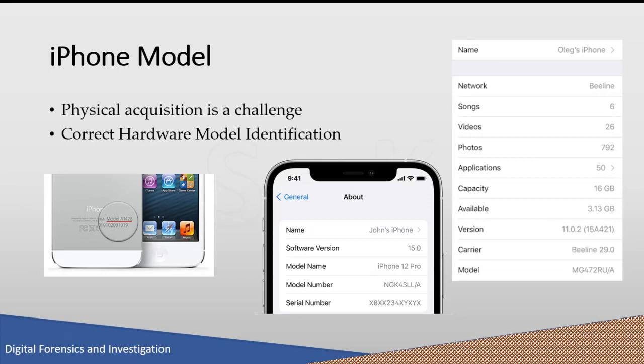Before examining an iPhone, it is necessary to identify the correct hardware model and the firmware version installed on that device. Knowing the iPhone's details will definitely help you understand the criticalities and also the possibilities of obtaining evidence from that iPhone. For example, in many cases, the device passcode is required to obtain the file system or logical acquisition.